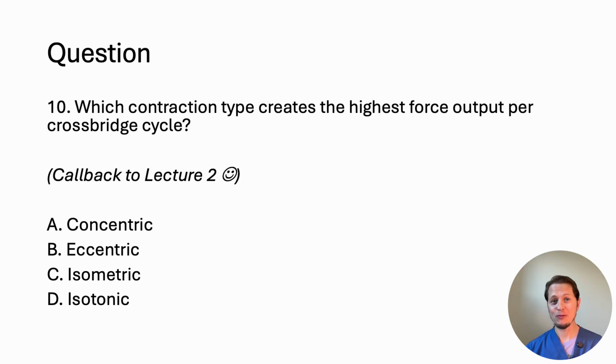Time for another callback, right? Remember those spaced repetition and interleaving study techniques? That's what we're tapping into here. Which contraction type creates the highest force output per crossbridge cycle? So think about that one. Concentric, eccentric, isometric, or isotonic.